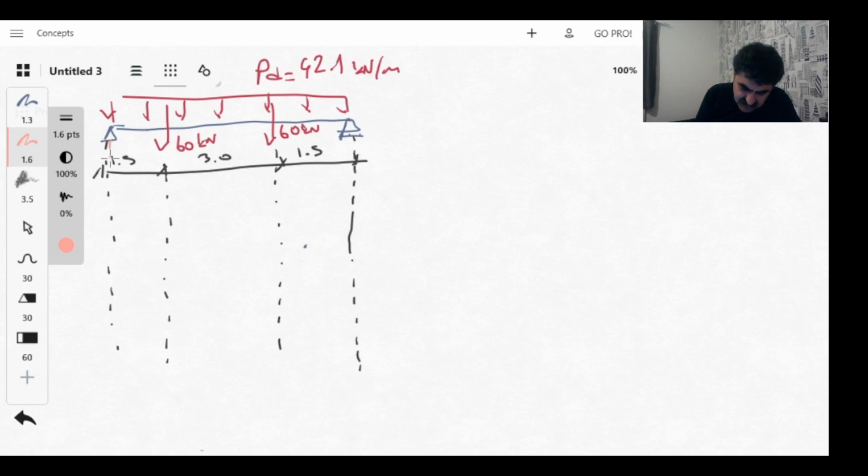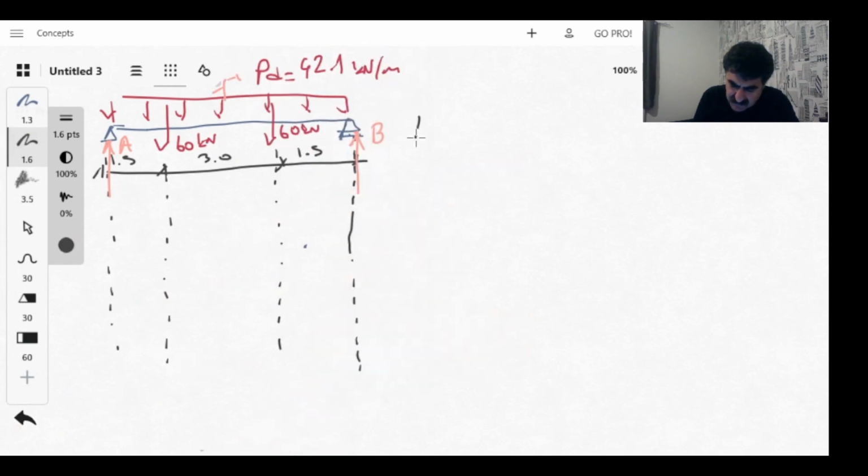Let's say I have this support. I can call this one A, and this is the second support, the right support. I can name it B. So I'm going to calculate A and B. If you take moments with reference to A, you can calculate B. But since this is a totally symmetric beam, this can be the symmetry center, and then A and B will be equal to each other.